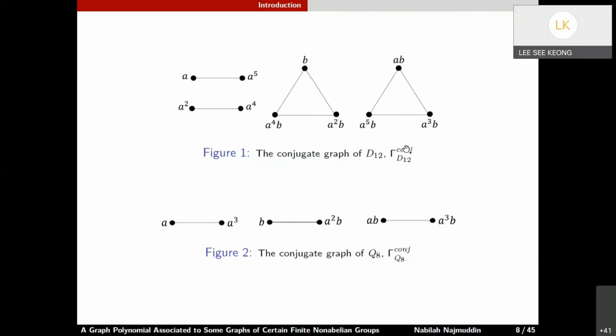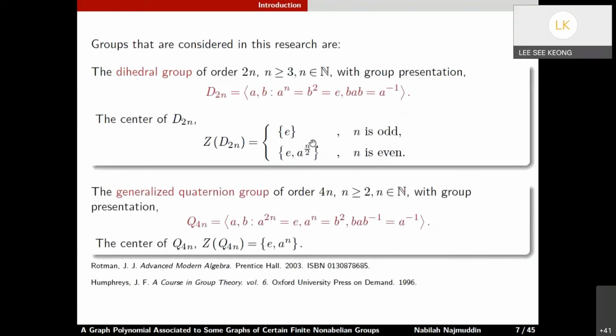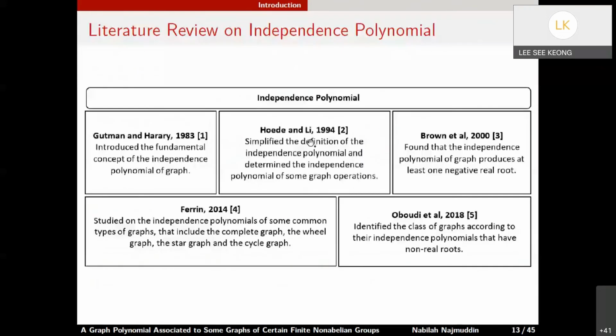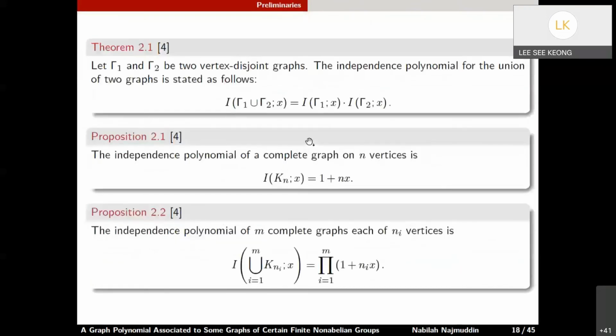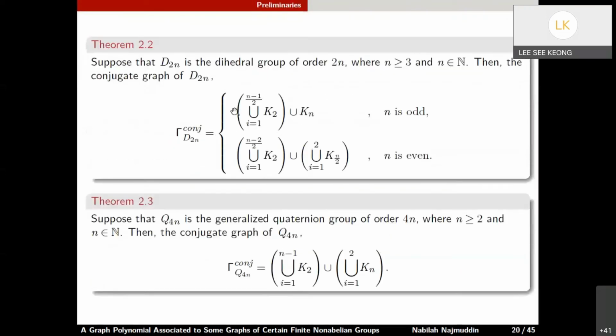Later, going to the union, I just want to understand what the union means, the symbol that you use. That's the question I raised just now. Go down in one of your theorems, here, in Theorem 2.2. You see, you have the union from i equal to 1 of K2.